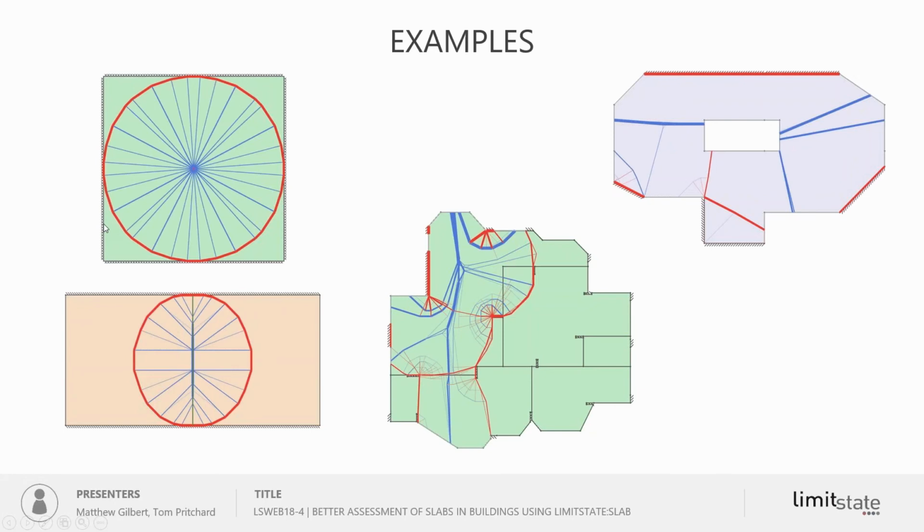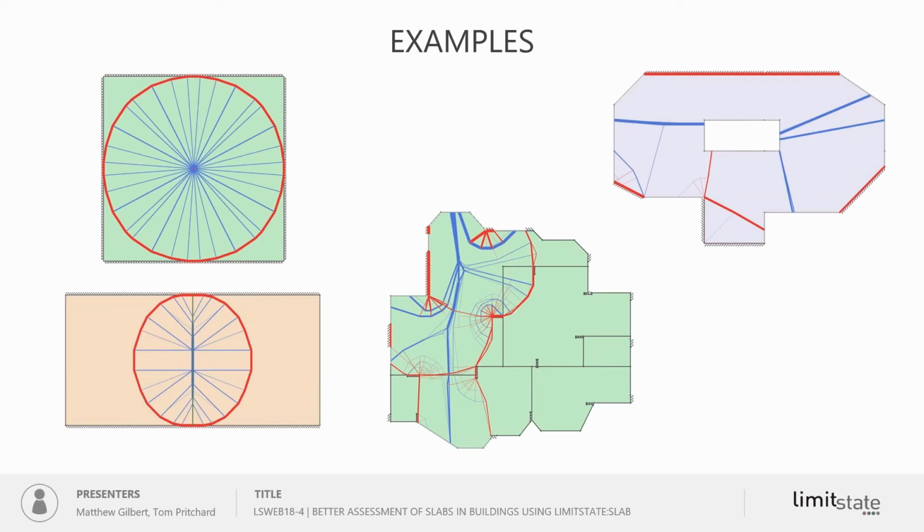Okay, so the first slide that I was going to show just shows a few examples. Examples on the left are examples that you might see in textbooks. Yield line patterns for simple slab configurations. The slabs on the right, more complex.